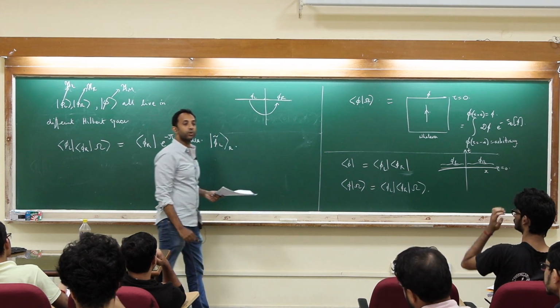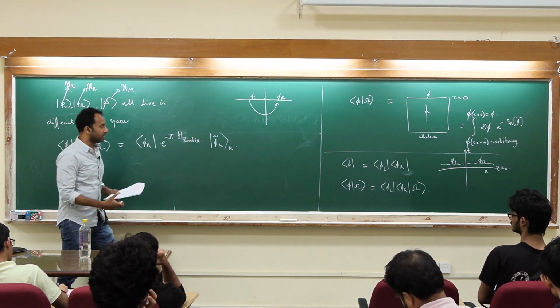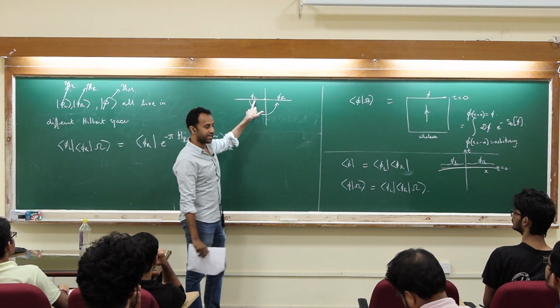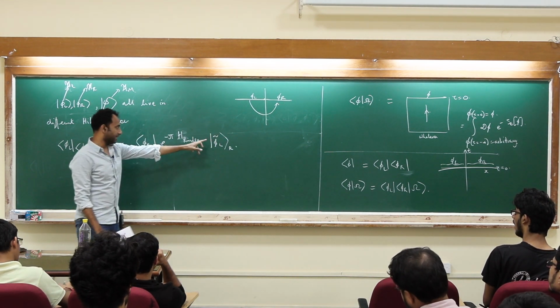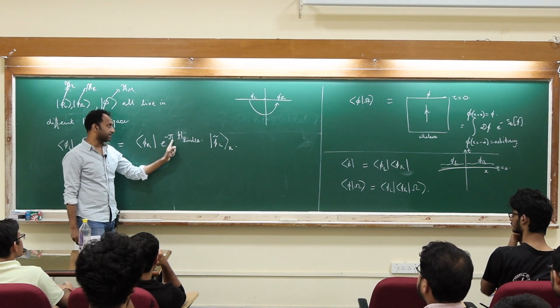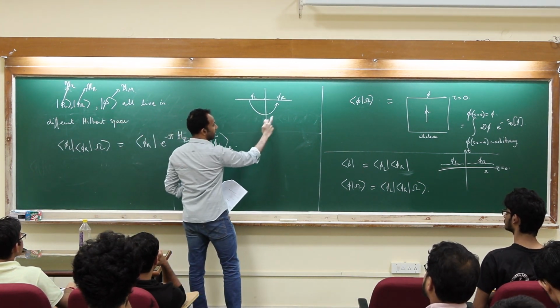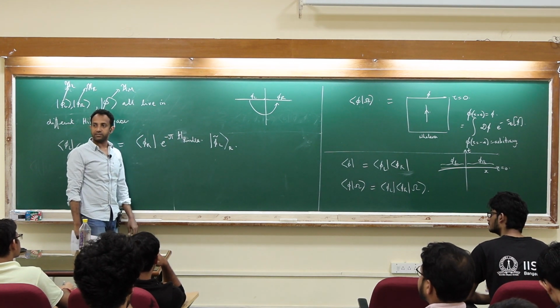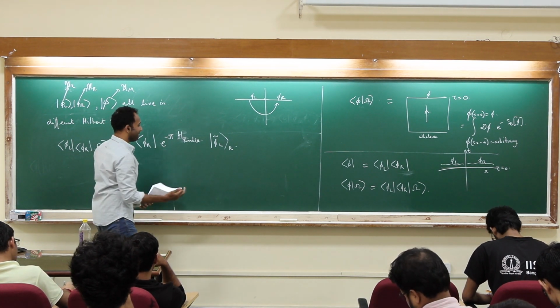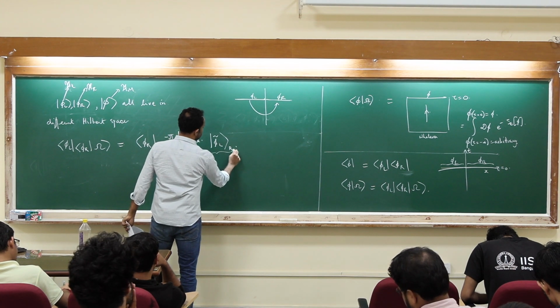By that logic, this is the initial state and this is the final state. I'll explain what the tilde means, and this pi is obvious because the rotation is by an angle pi, and H Rindler is just the rotation generator in Euclidean signature. The only thing I really have to explain is this, and also a little bit about this.